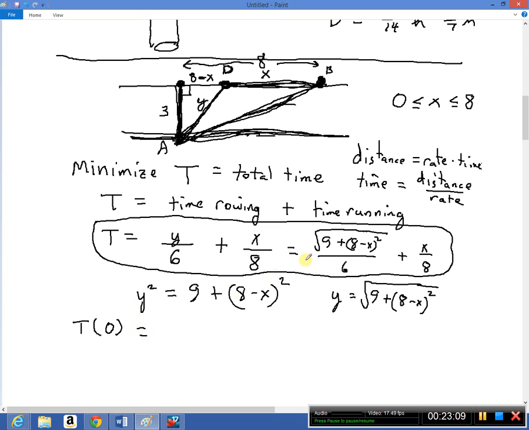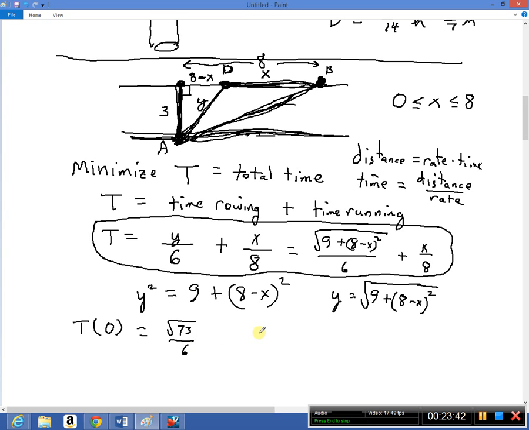And the total time will then be, you plug in 0 for x, and you get 8 minus 0 is 8, squared is 64, plus 9, 64 and 9 is 73, so I get the square root of 73 over 6, and then this term is 0 over 8. So square root of 73 is 8 something, so it's 8 over 6.